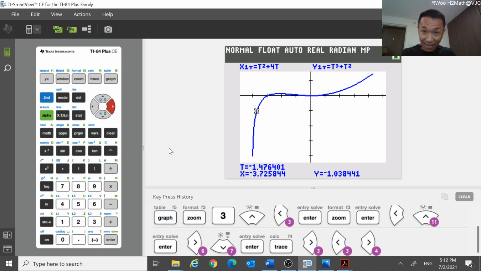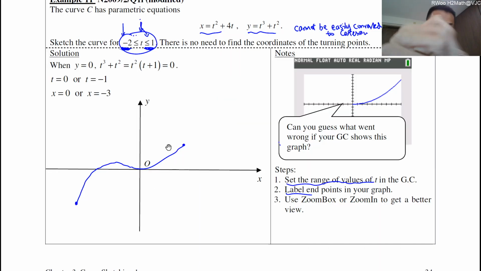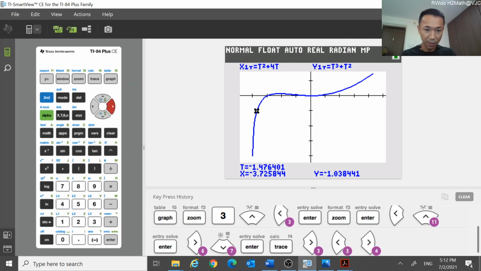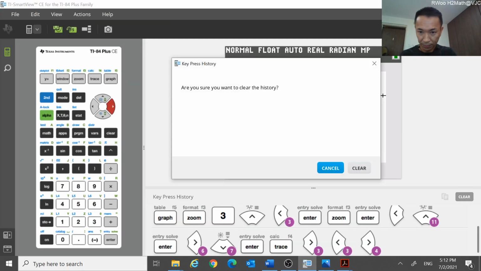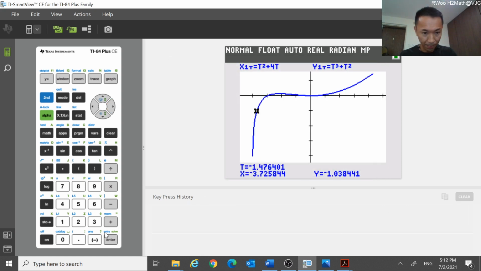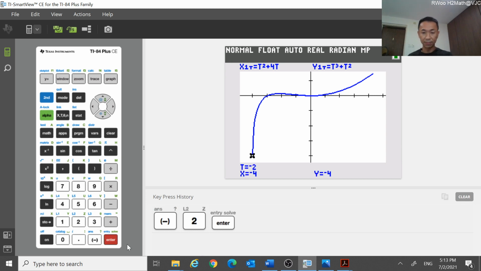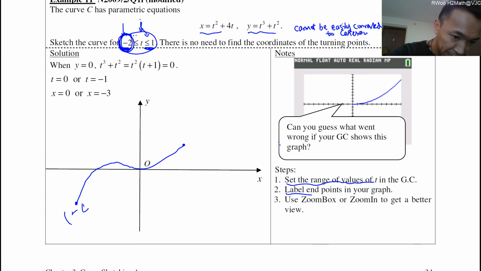To give the exact coordinates of the endpoints, since you suspect that an endpoint is when t equals -2, you enter -2 here. Enter. T equals -2. Then x equals -4, y equals -4. So here we can label -4, -4.